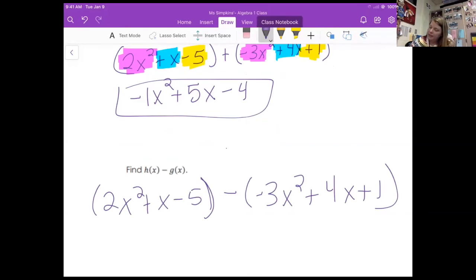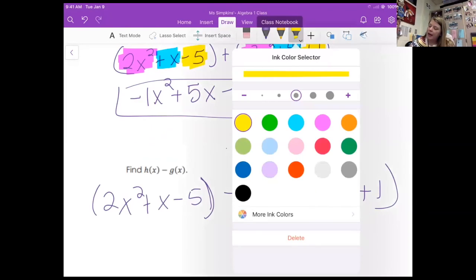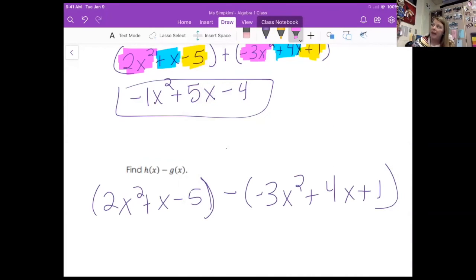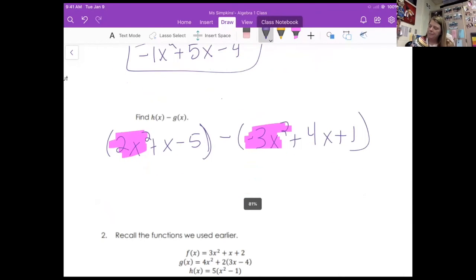So again, I still have the same like terms, but make sure that you're now subtracting the 2 terms instead of adding them. So 2x squared minus negative 3x squared.